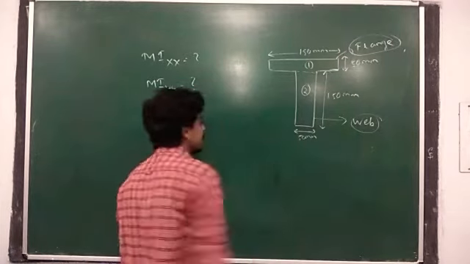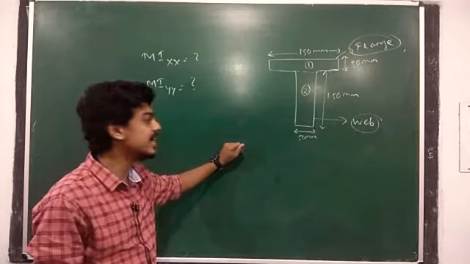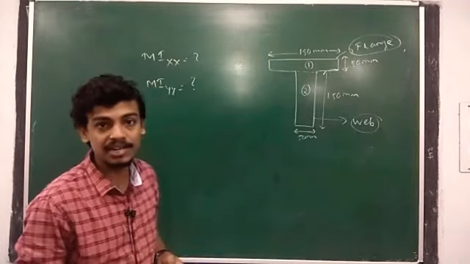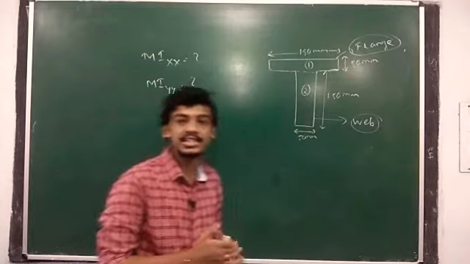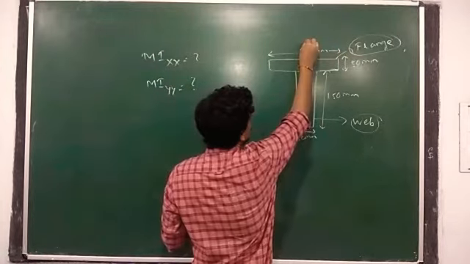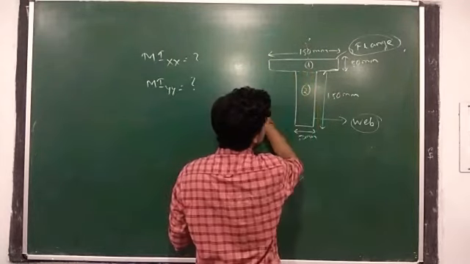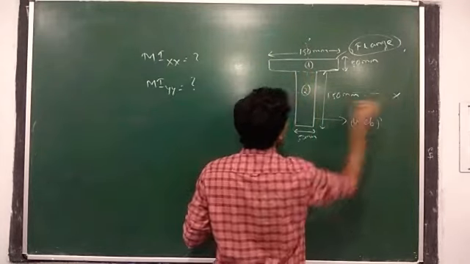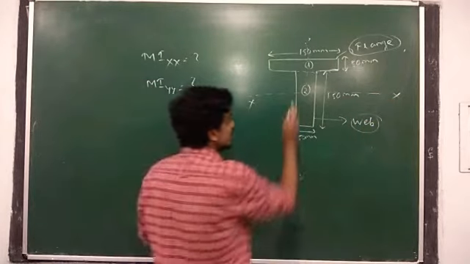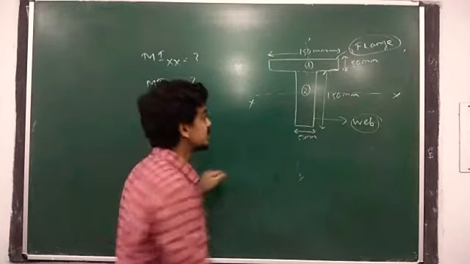I already told you, if the section is symmetrical about some axis, then it is easier to calculate, whether it is the centroid, center of gravity or moment of inertia. Suppose this is the y-axis and this is the x-axis. The section is symmetrical about the y-axis.